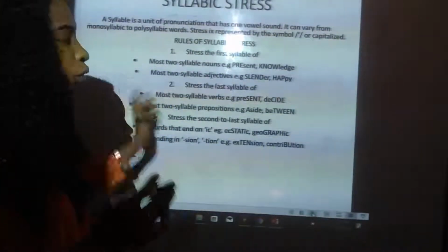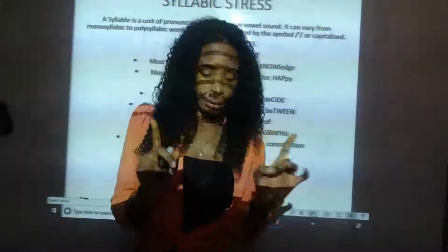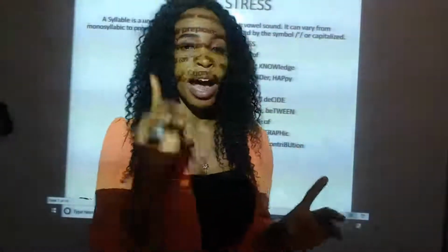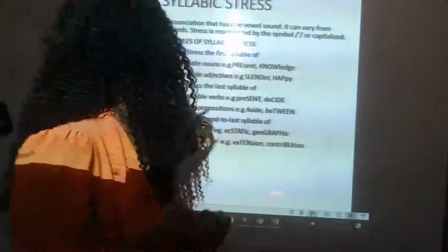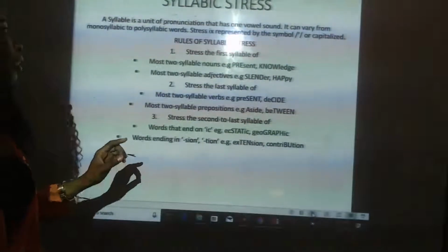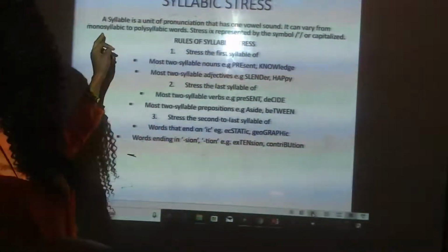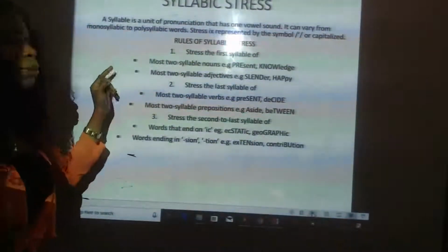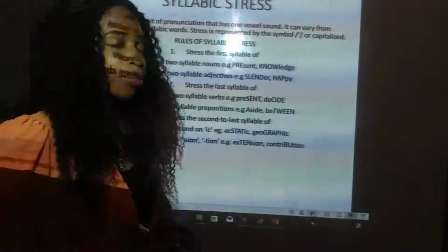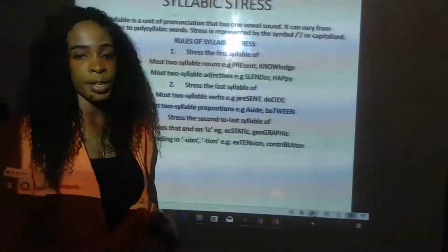Syllables vary from monosyllabic, that is one. Syllables that bear one sound segment, for example, I. These are words that have only one syllable. They are called monosyllabic. While it can also vary from monosyllabic to poly. You can have one syllable and have 2 syllables. That is disyllabic words. For example, happy.